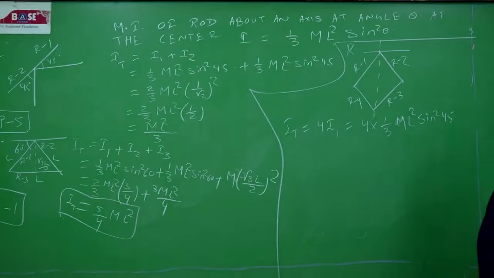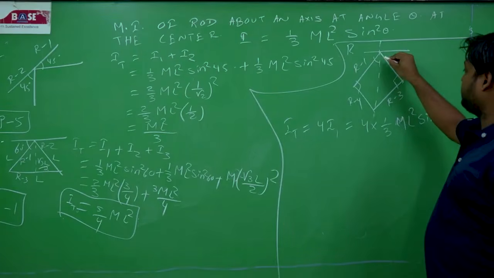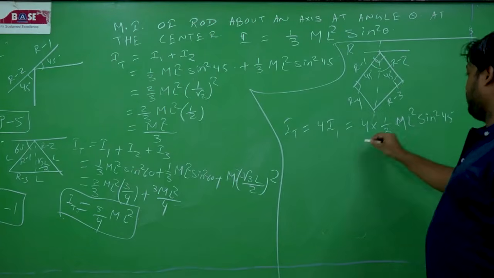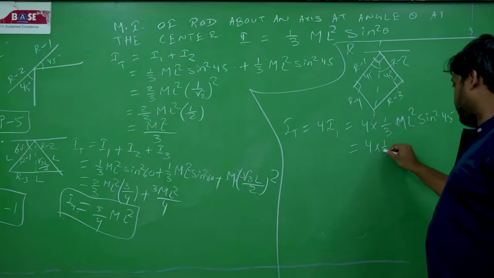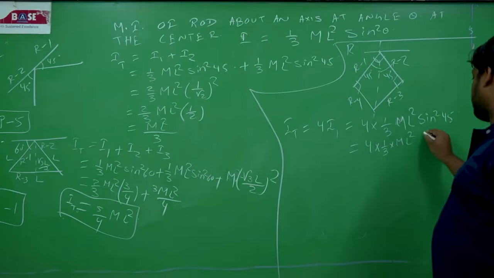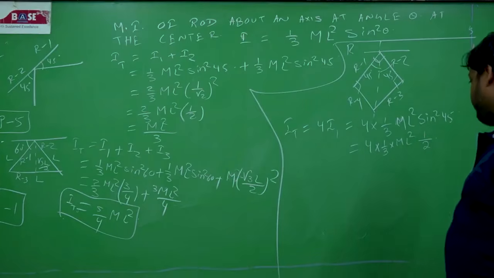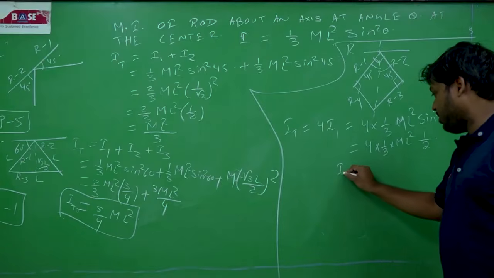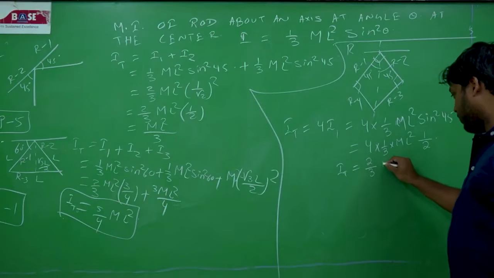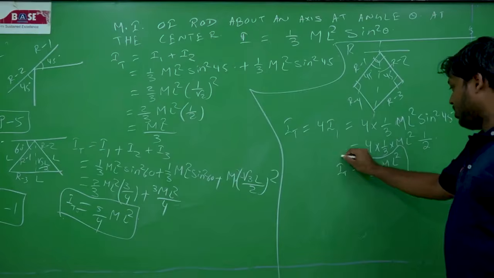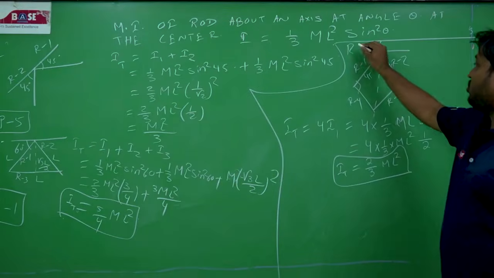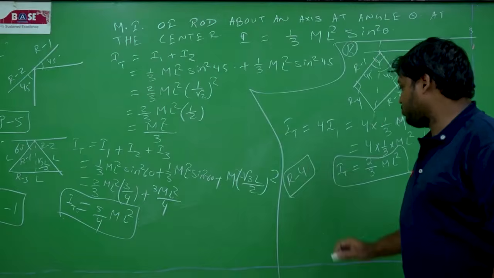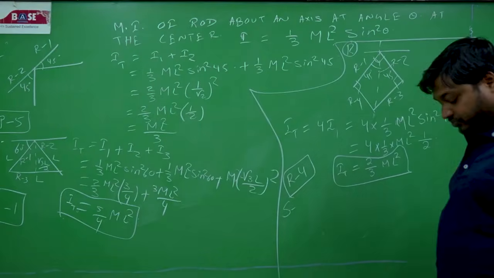These angles are given as 90 and 90, totaling 90, so this one will be 45 and this one will be 45. So it will be 4 into 1 by 3 ml square sine square 45, and sine square 45 is 1 by 2. So I total will be 2 by 3 ml square. So R matches with 4. Now S.